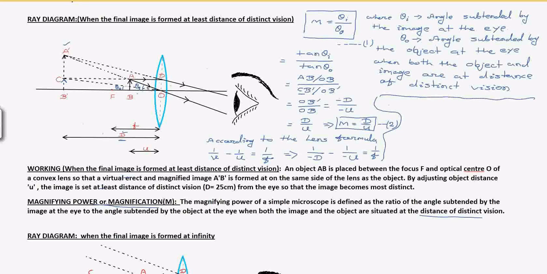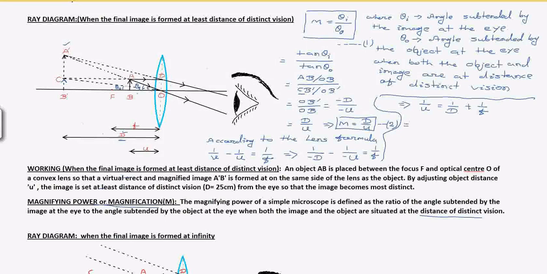Now this implies 1 by u is equal to 1 by d plus 1 by f.